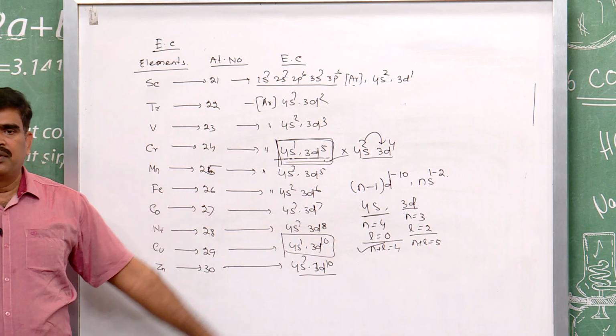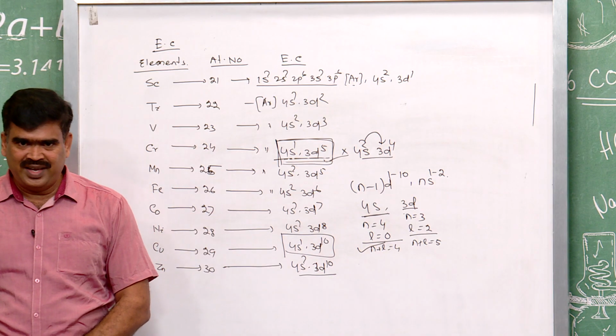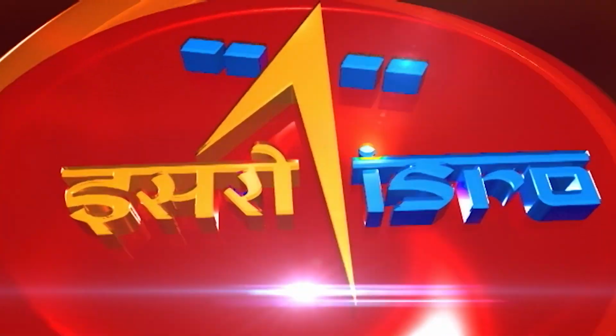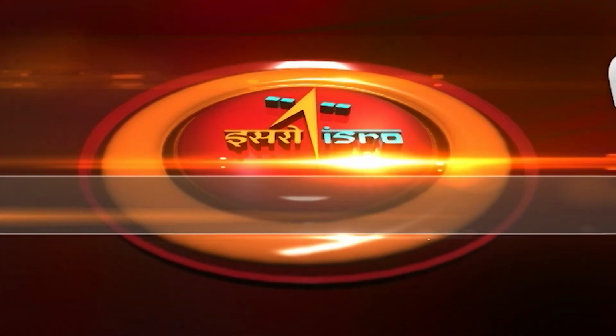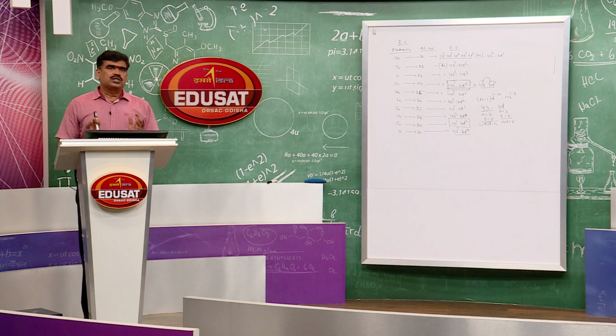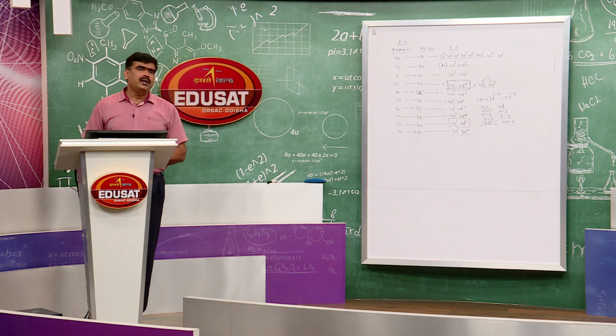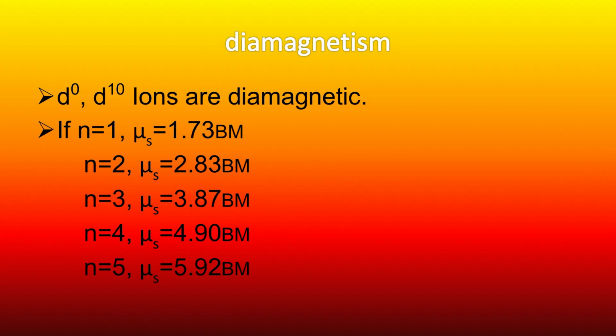That is why they are exceptionally stable and get extra stability. Now you must be clear why the 4s subshell is filled before 3d. It is the n plus l rule that decides which subshell is to be filled first and next.